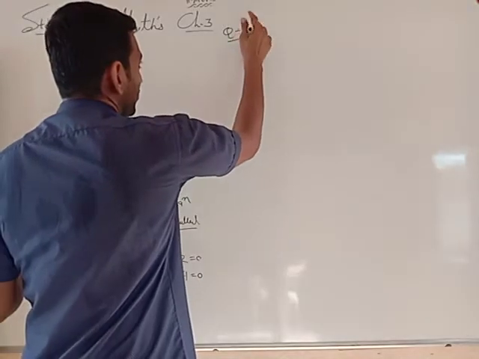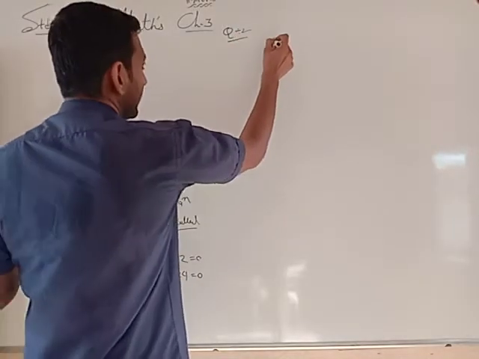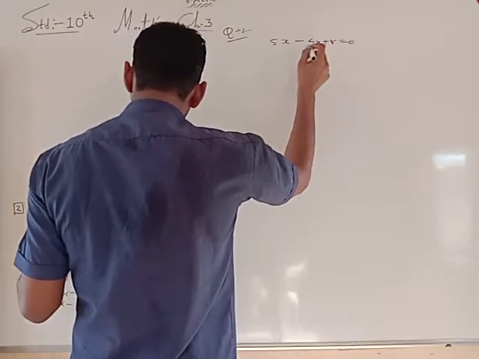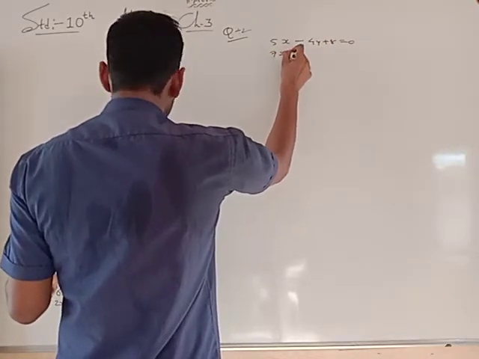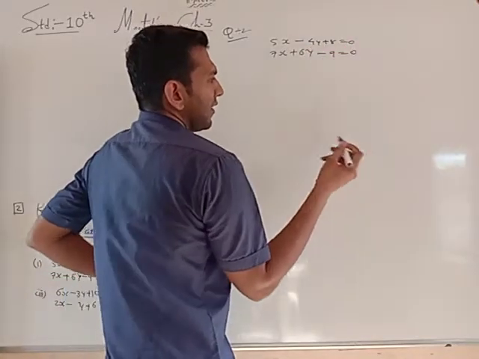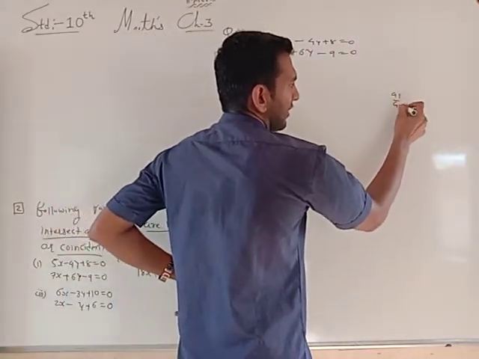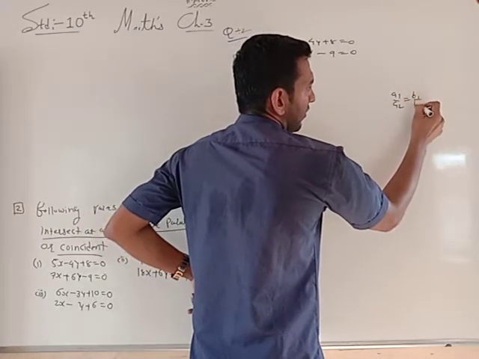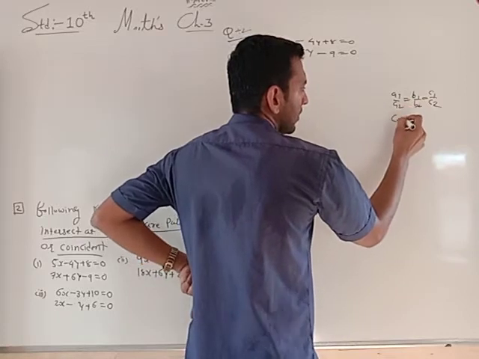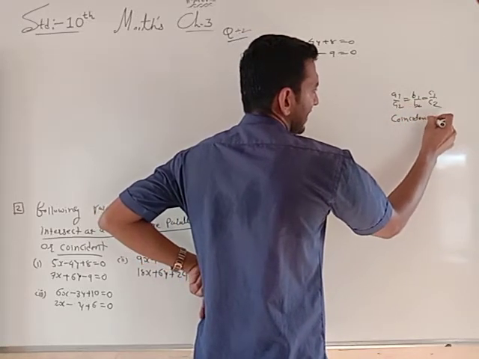So question number 2: the equations given are 5x minus 4y plus 8 equal to 0 and 7x plus 6y minus 9 is equal to 0. Already three conditions are there. If A1 upon A2 is equal to B1 upon B2 is equal to C1 upon C2, then it is a coincident line.